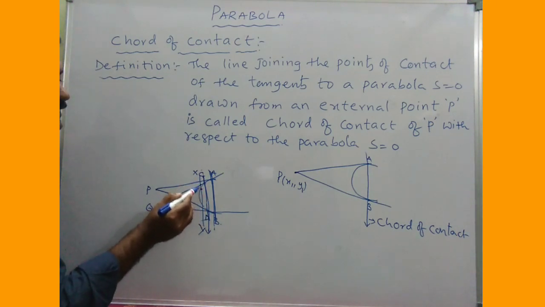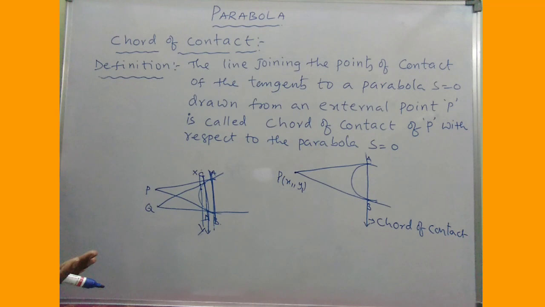Hence these two are not considered points of contact. So there may be many chords, but among them only one chord will be in contact with the tangents. Hence that chord which is in contact with the tangents is called the chord of contact.